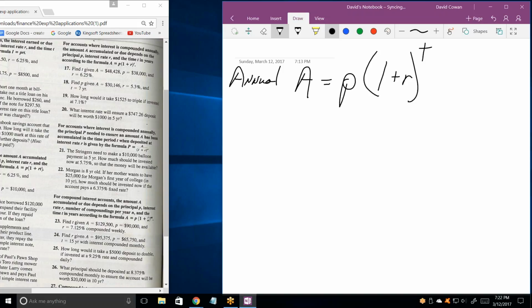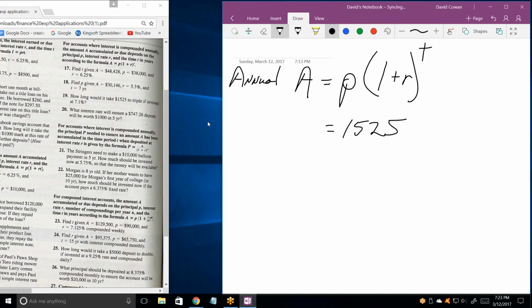Okay, so let's see. Is the money amount that R? No, this is a little tricky. What would A be if P is 1525? Well, if they want to triple 1525, what does A have to be?